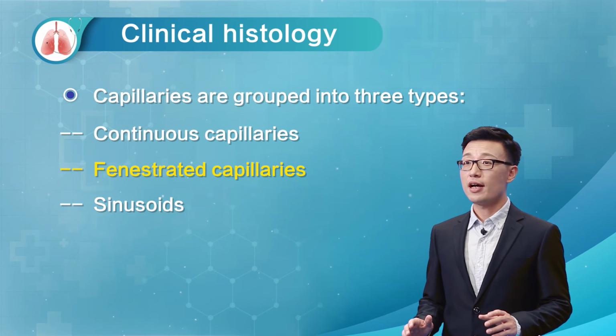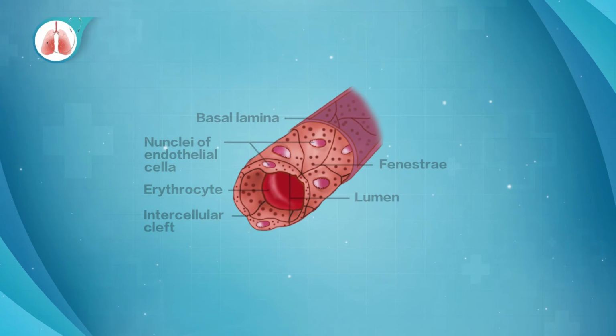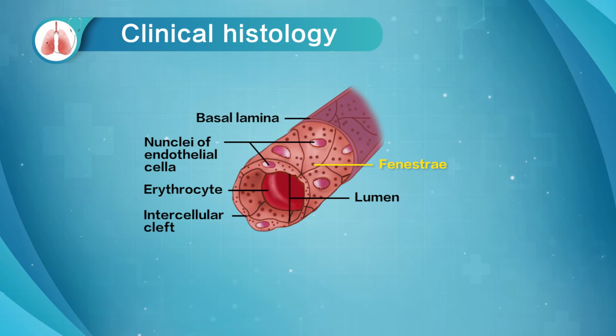Fenestrated capillaries are very similar to continuous capillaries, except that they have windows or fenestrae in their endothelial cells. The fenestrae are covered by ultra-thin diaphragms of proteoglycans. An exception is the glomerulus of the kidney, which has fenestrated capillaries with no diaphragms.